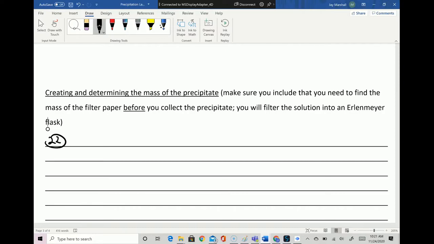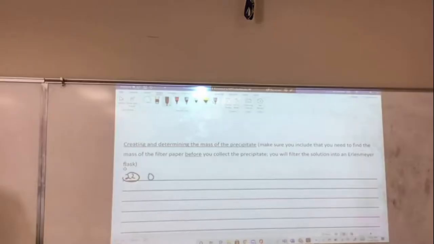So obtain a piece of filter paper. Mass it, and record the mass.